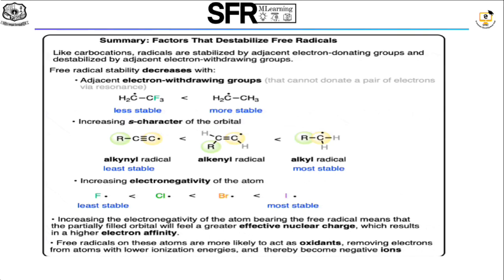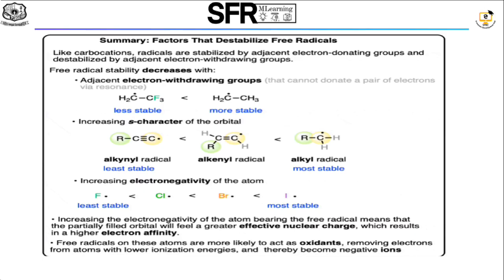Another stability affecting factor is s character. Greater s character means less stability. For example, in an alkane system sp3 hybridization involves one s and three p orbitals, so there is 25% s character in an alkyl group.